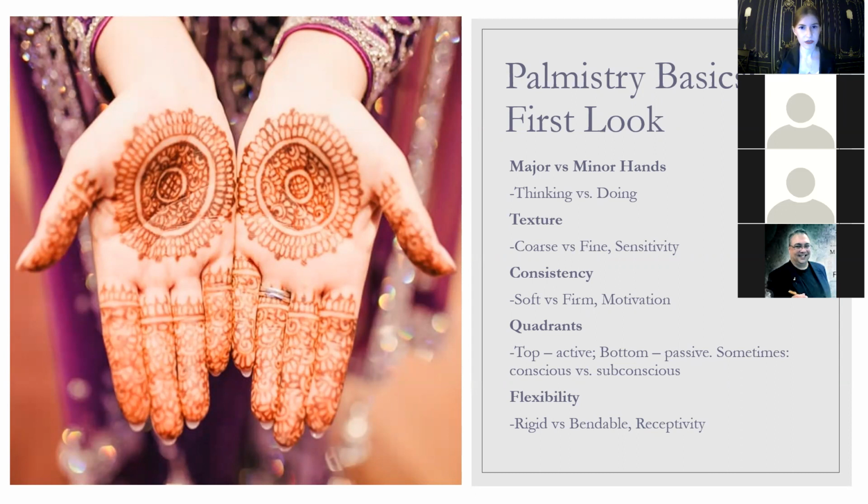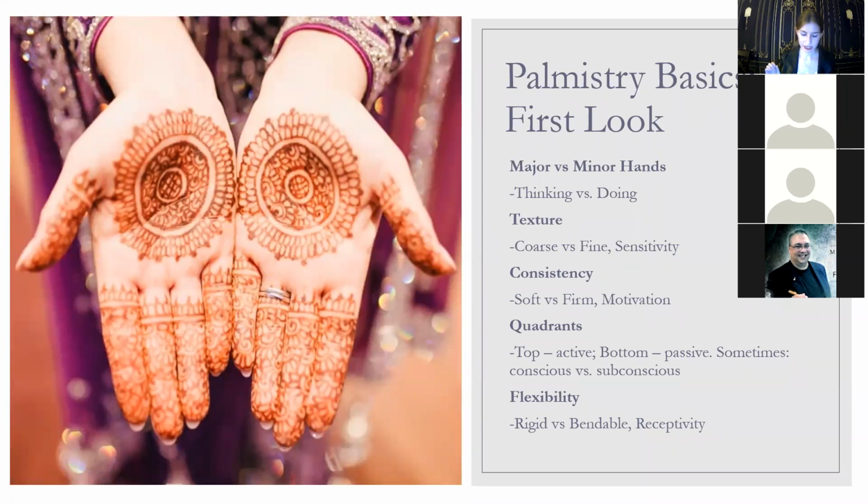So just going over the quadrants. The thumb and index side is the active outer. It has to do with desire and achievement, actions, and leadership. The ring and the little finger is active inner, has to do with arts, social, higher thinking.